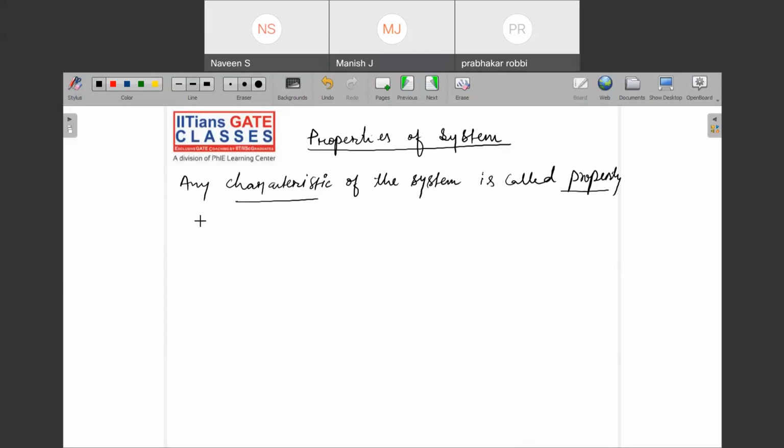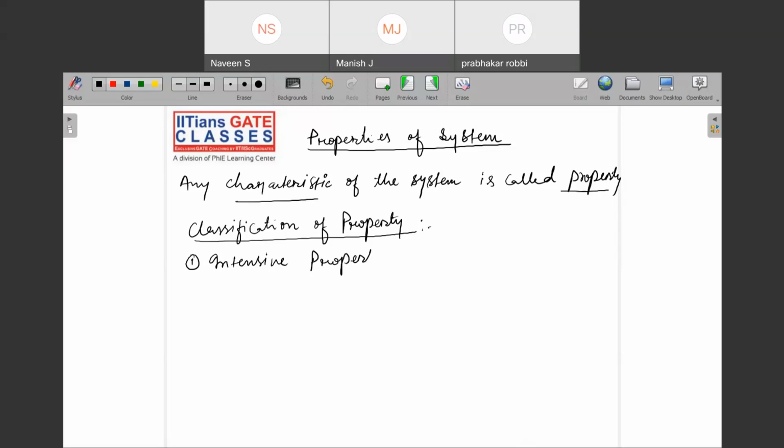So these properties are then classified into two things. If I talk about the classification of property, then the first thing is intensive property. And again, we will study it comparatively.